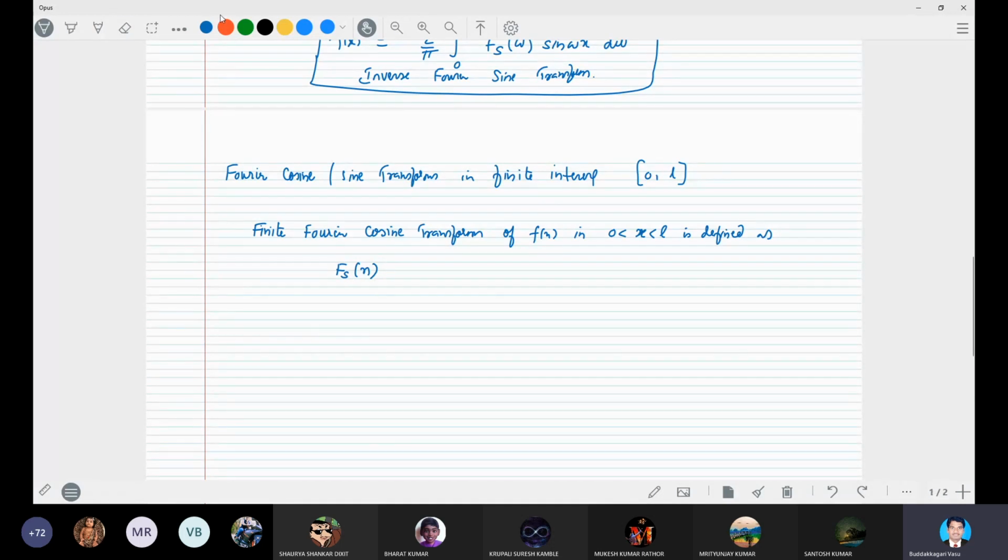Fourier cosine, fcn. fcn is equal to integral 0 to L f(t) cos n pi t by L dt. Okay, this is the finite Fourier cosine transform, where n is any integer.